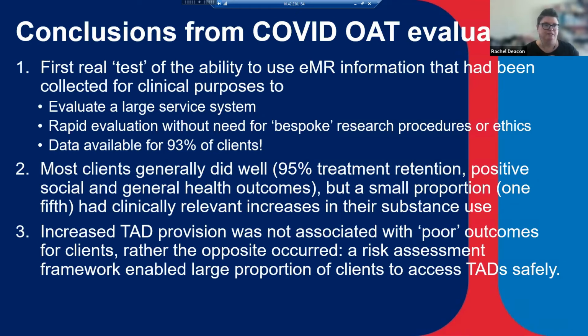There was a small proportion of clients that had that clinically relevant increase in their substance use. So that's an increase in either opioids, alcohol, benzodiazepines, or stimulant use. But that was not associated with increased takeaway dose provision.